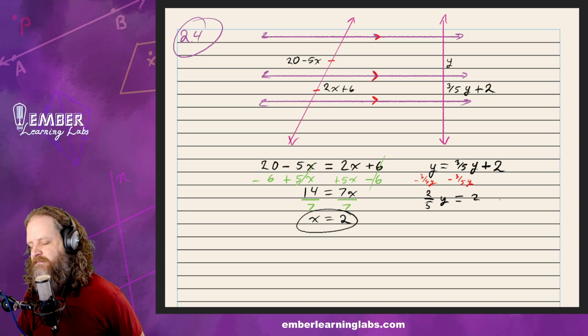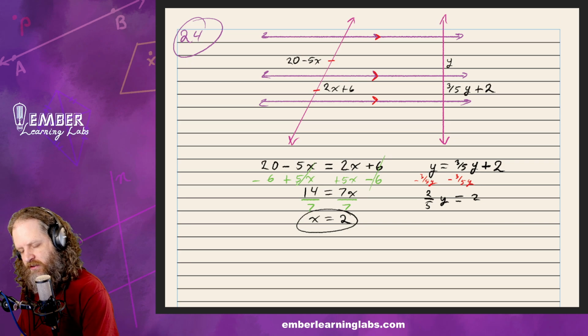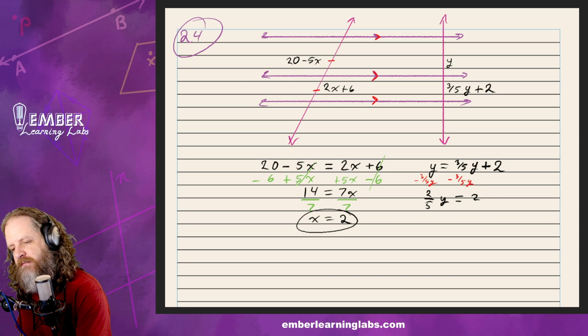Now what? Divide 2 by 2/5. How do we divide fractions? Yeah, you multiply by the reciprocal, right? So y ends up equaling 5.